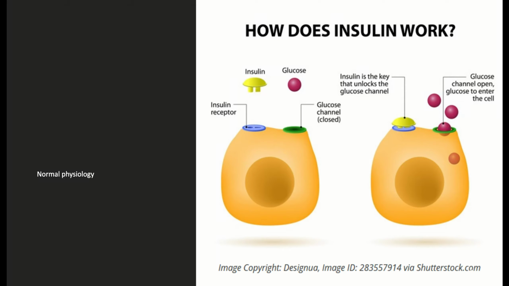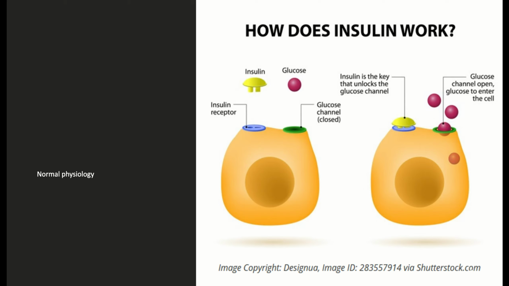After insulin binds with its receptor, it causes the green glucose channel to open and allow the glucose to enter into the cell. As glucose enters the cell, it causes glucose in the bloodstream to drop. That is the normal physiologic interaction between insulin and glucose.